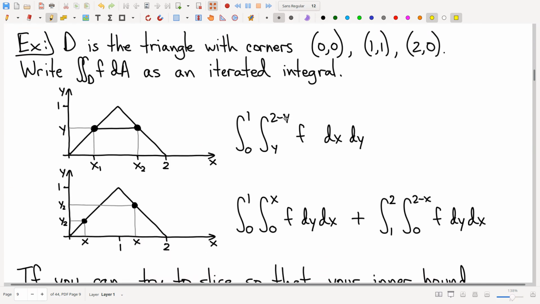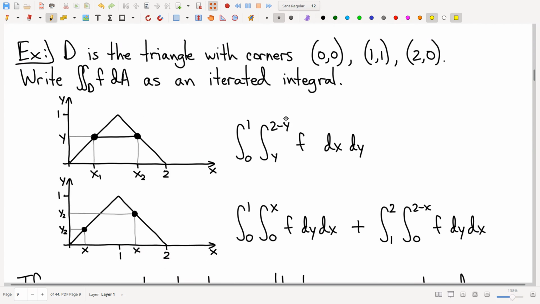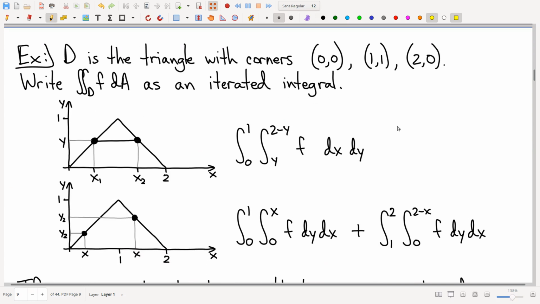Okay, another example that demonstrates a motivation for how you choose which order to slice. Now I'm going to start moving a little faster because we've done a bunch of examples at this point of slicing up regions, and we're going to do more over the next several weeks. Here you go. You got a triangle given. Let's do dx dy. Let's see what happens.